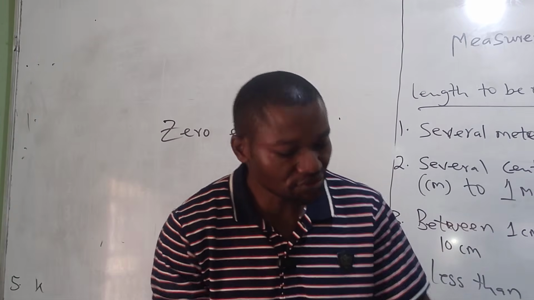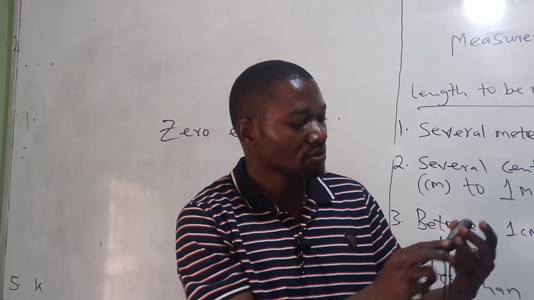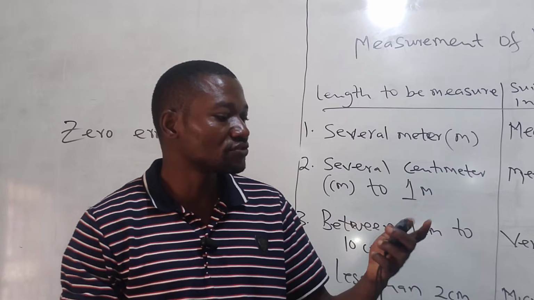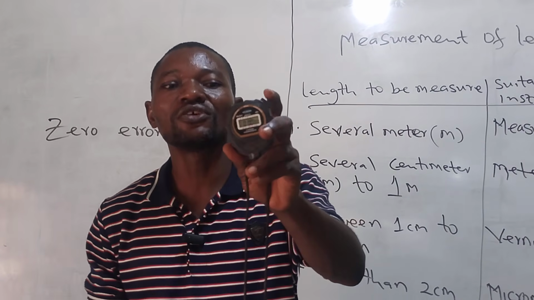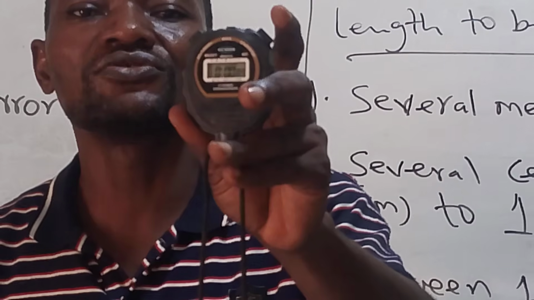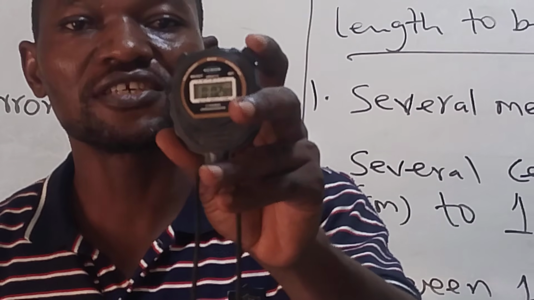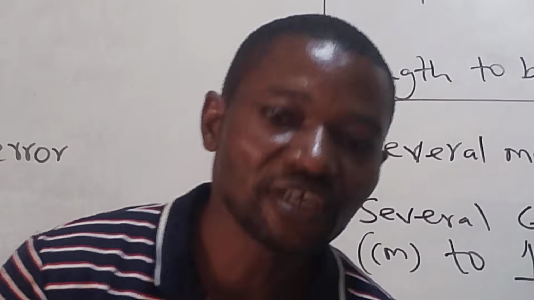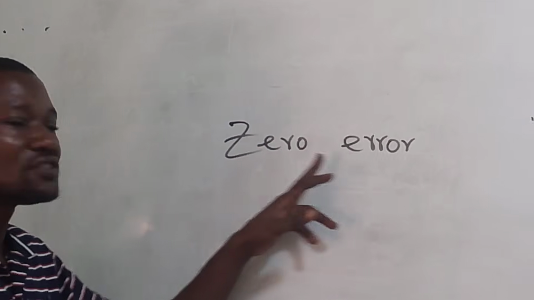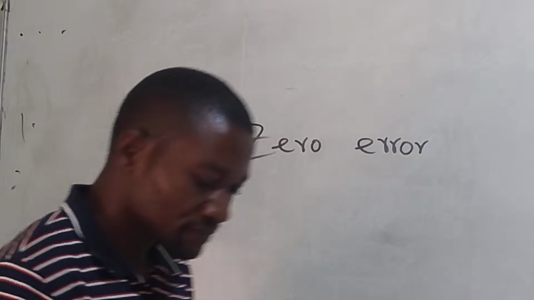For instance, using the stopwatch, you ensure you set it to 0. It must be on 0 first before you start taking your reading, before you start it. If not, there will be error in your measurement. And that error, we call it zero error.